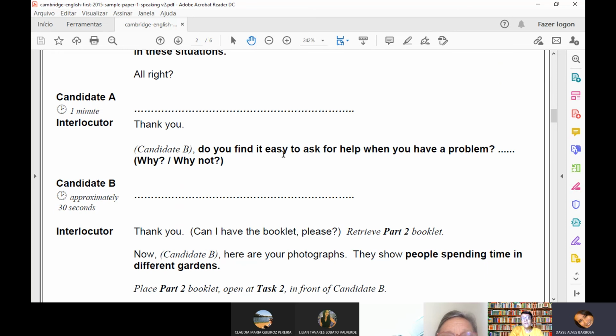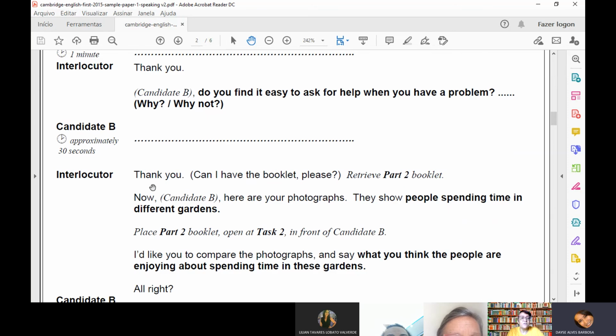João, do you find it easy to ask for help when you have a problem? Why or why not? So this second candidate has to be paying attention to what the first candidate said, because he will also be asked a question about those pictures, but only one question. And this second candidate will have 30 seconds to answer within the time allotted.